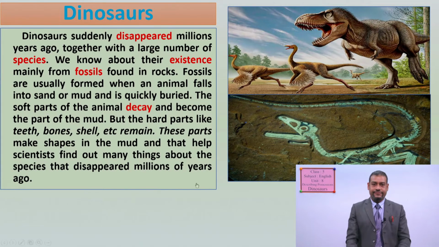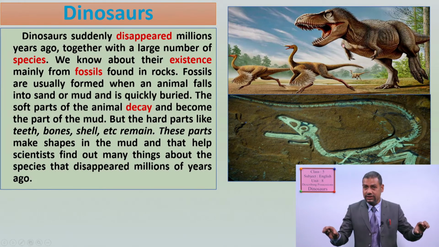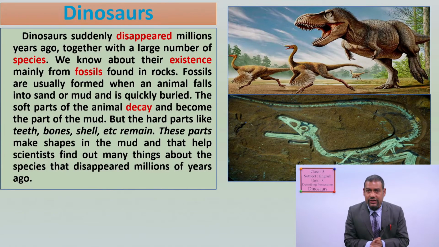Very good. See, fossils form when an animal falls into sand, which I have already told you. The soft parts of the animal decay and become part of the mud. For example, flesh and skin decayed and mixed into the mud, so we couldn't study those.